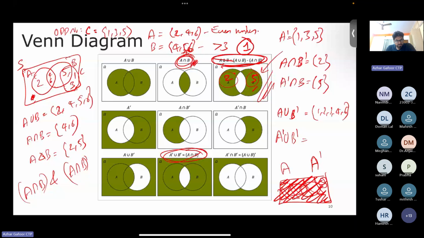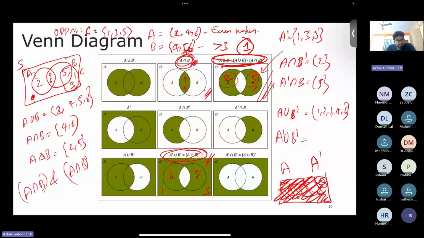To be exhaustive, once we combine these two, this one had the events 4, 6, and this one had 2, 5, 1, 3.